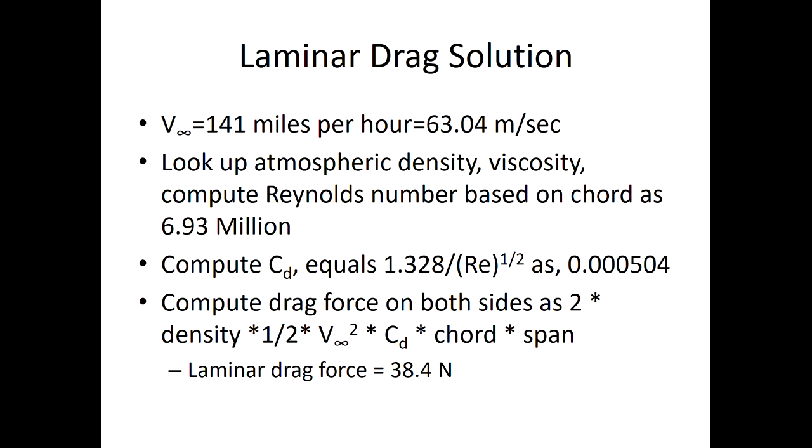Let's say that somebody weighs 160 pounds. They are weighing 75 kilograms, because 2.2 pound mass is 1 kilogram.